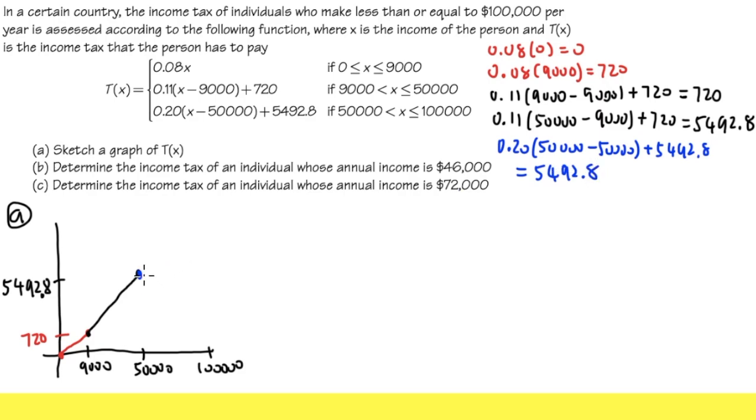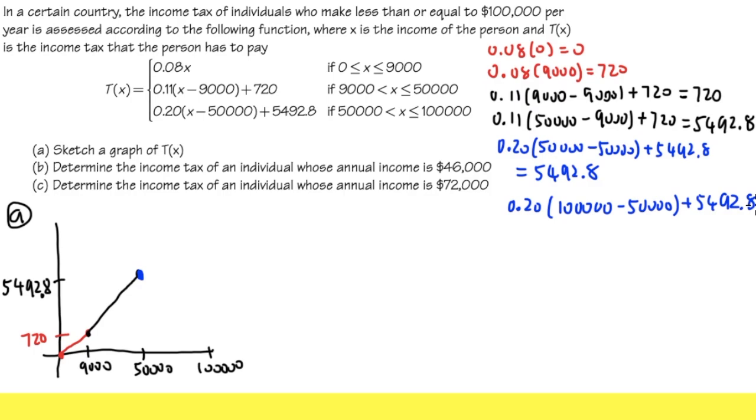Yeah, so we start right here. So we picked up from where we left off earlier. And lastly, we put 100K in here, so we get 0.20 times 100K minus 50K, and then plus 5,492.8.